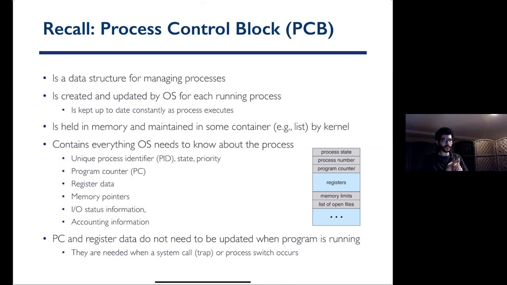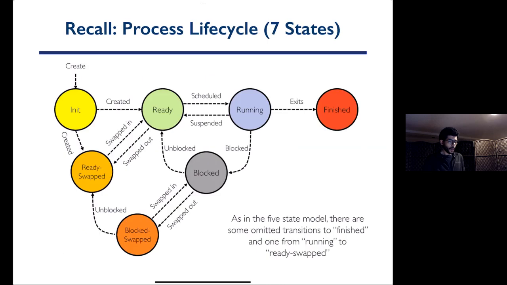They store the unique process identifier, program counter, registers, and so on and so forth. The memory pointers, I/O, the file descriptors, and so on and so forth. Again, you should remember this from ECE 250. So these are all recalls. So I'm just putting them here to refresh your memory.